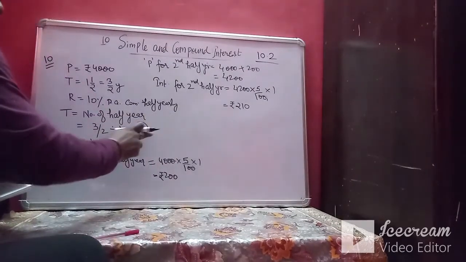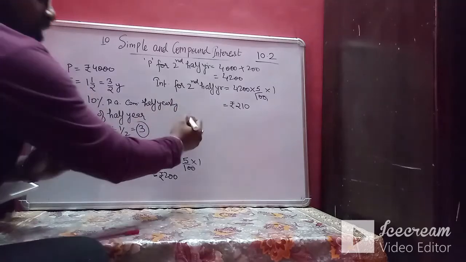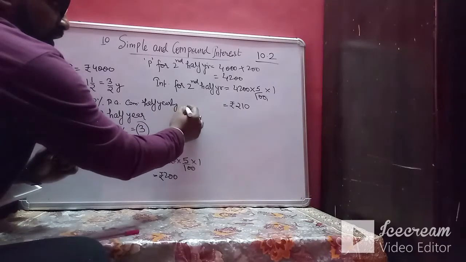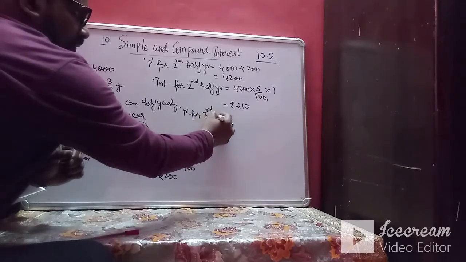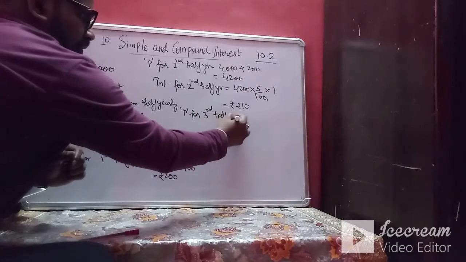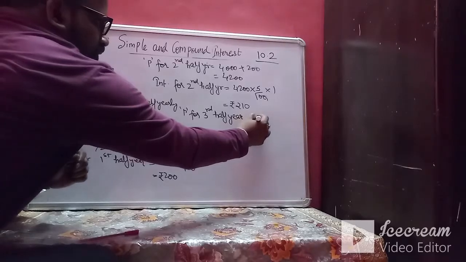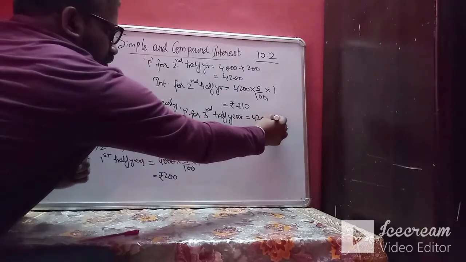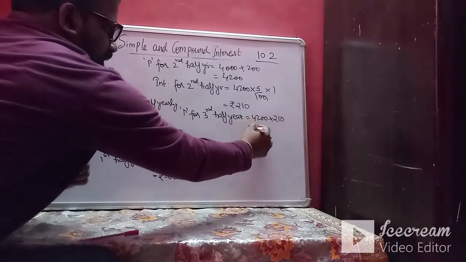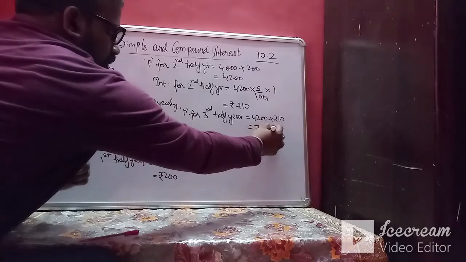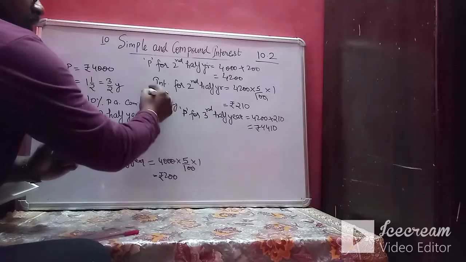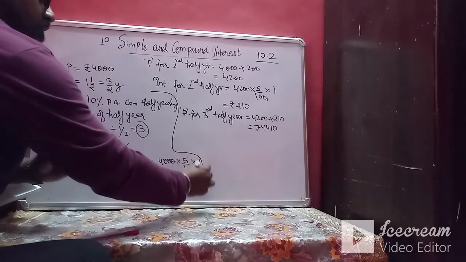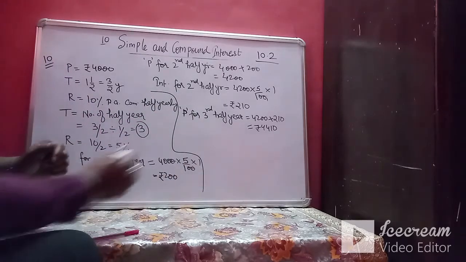Since our time period is 3 half years, again we have to calculate P for the third half year. So it will be 4,200 plus 210, that is 4,410. Okay, so this will be our P for the third half year.